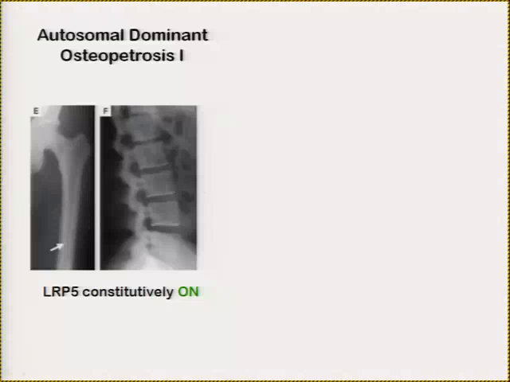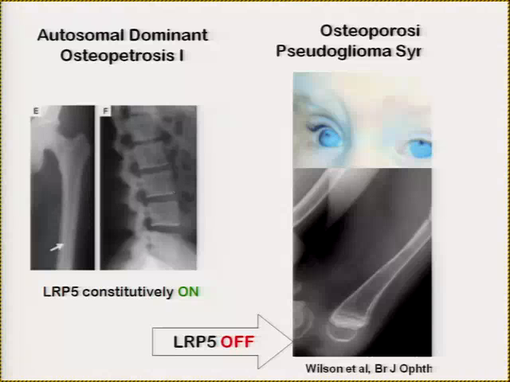This turns out to be a mutation of a receptor that's called LRP5, or lipoprotein-like receptor 5, which is constitutively on. This receptor activates beta-catenin in precursor cells for osteoblasts.